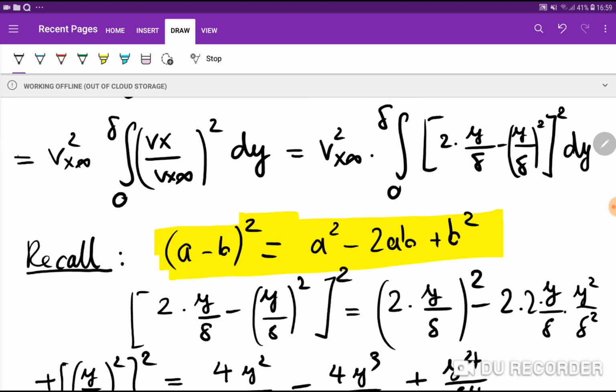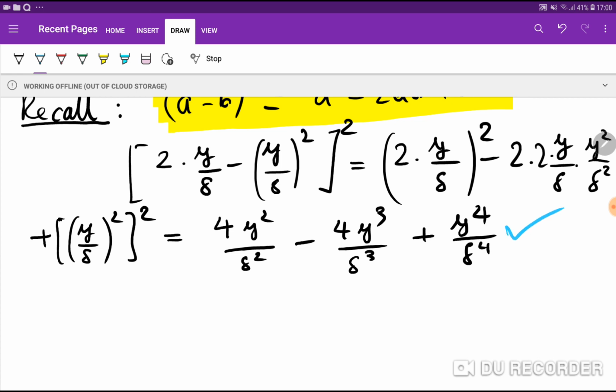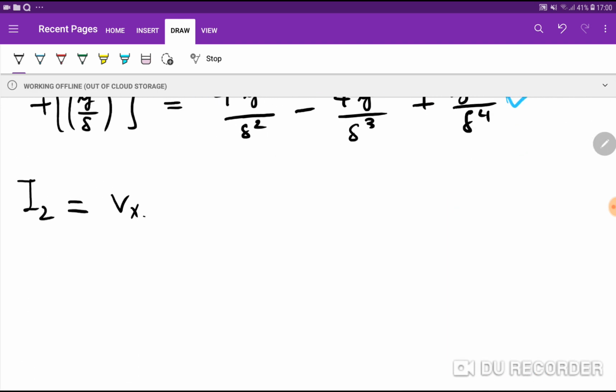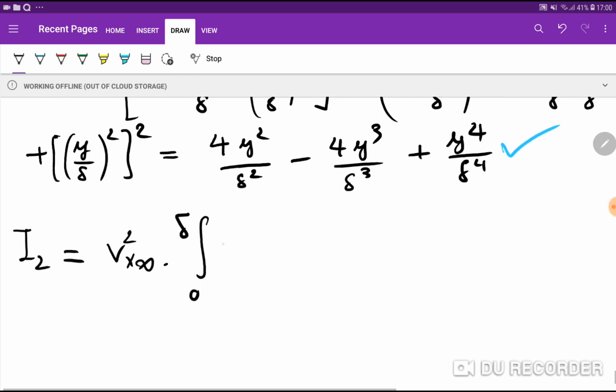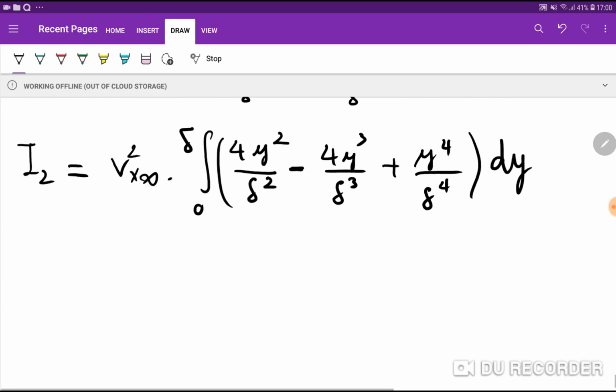Wonderful. Now you can substitute this result into our integral. So our integral I2 equals vx infinity squared times the integral from 0 to delta of 4y squared over delta squared minus 4y cubed over delta cubed plus y to the fourth over delta to the fourth dy. Okay, what are we going to do next?